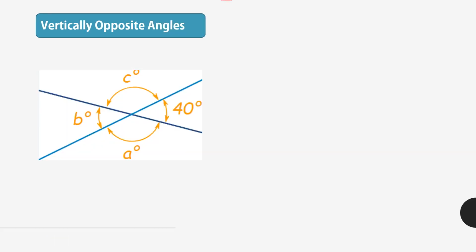Vertically opposite angles are equal. So for example, over here, this is 40 degrees. Then find angles A, B, and C. Because B is vertically opposite 40 degrees, it must also be 40 degrees. Then remember, a full circle is 360 degrees.